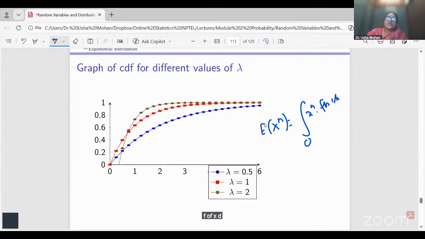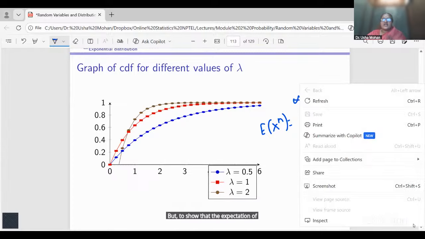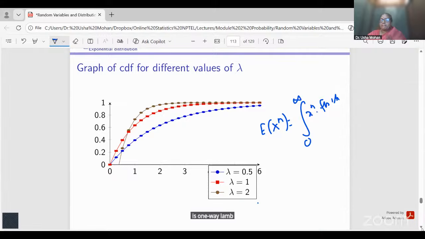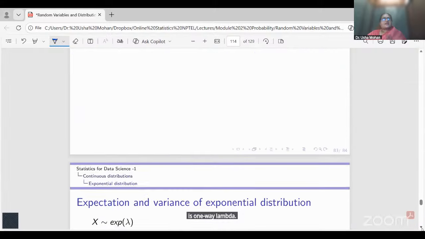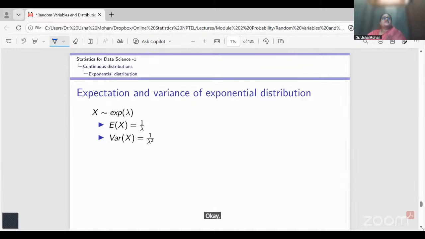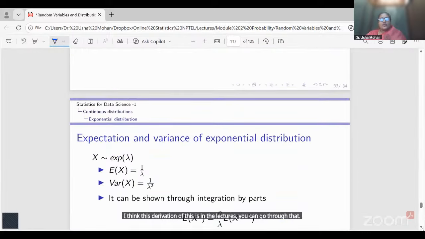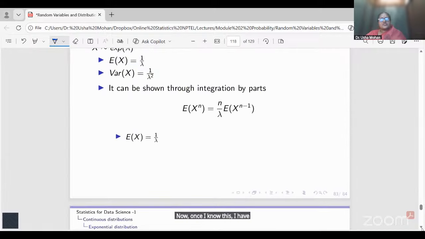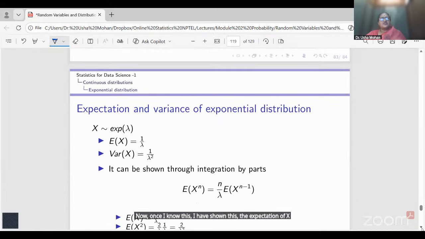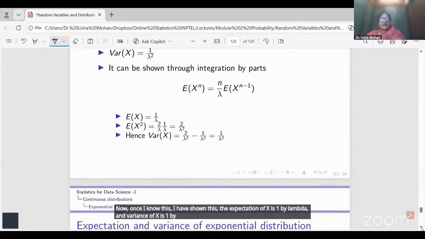I can do this from 0 to infinity and use integration by parts to show that the expectation of x is 1 by lambda, and the variance of x is 1 by lambda square. I think the derivation of this is in the lectures. You can go through that. So I have shown that the expectation of x is 1 by lambda and the variance of x is 1 by lambda square.